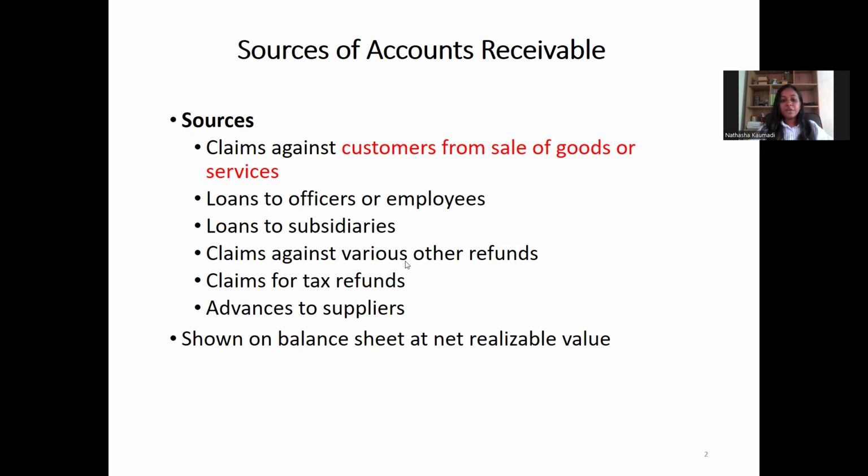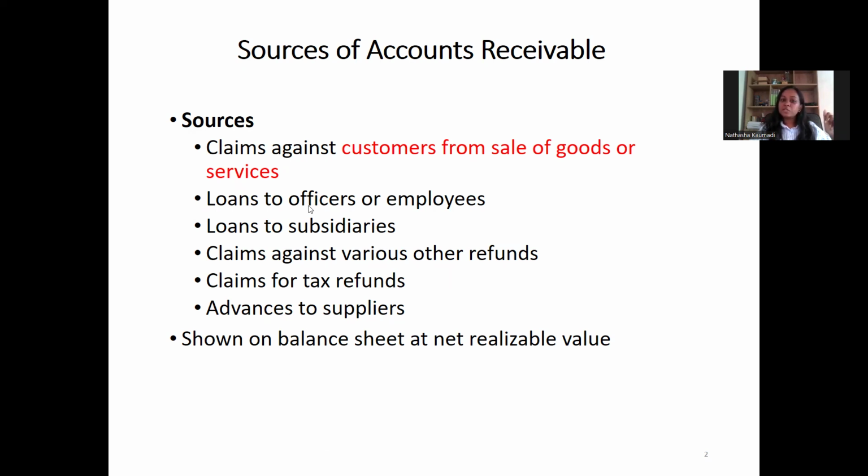Claims against various other refunds: sometimes you have deposited some amount for different purposes and it can be refunded, so those are receivable balances. Claims for tax refunds are also receivable balances. Advances to suppliers: you have paid advances to suppliers, so those balances also become accounts receivable.